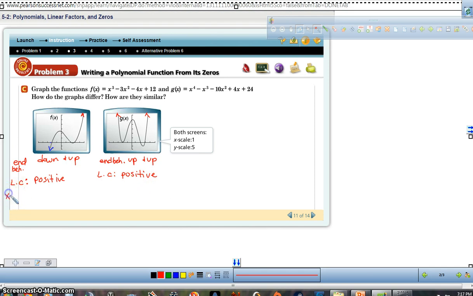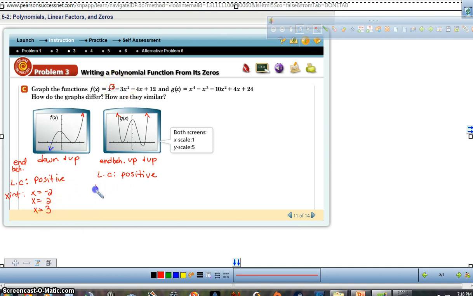Let's look at our x-intercepts. This one has an x-intercept at -2, and at +2, and at +3. It's a cubic function, so we better have 3 answers, right? 3 solutions.